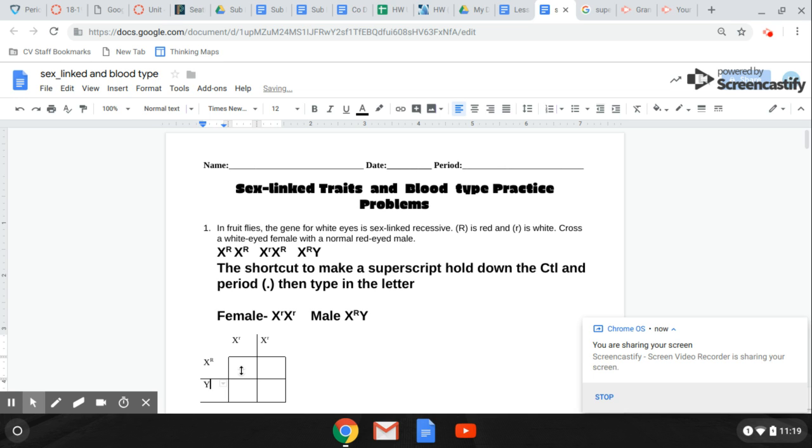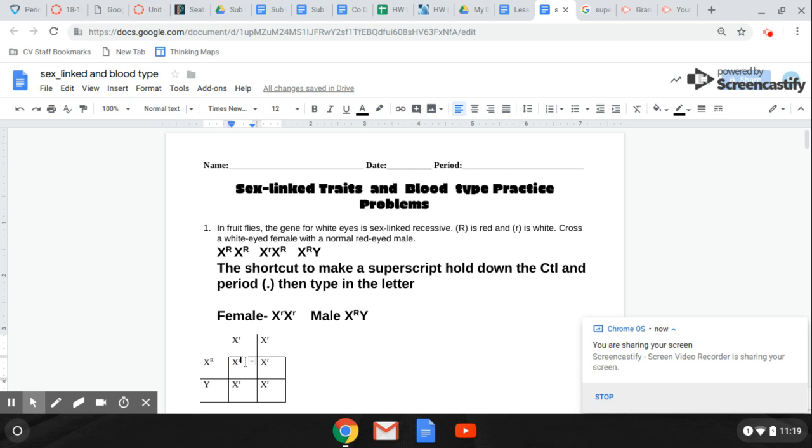And then I'm going to cross these two individuals. So I'm going to put this individual right here. Oops, that's not what I meant to do. Control V. And this individual right there. This individual right here. And this individual right there. Now I'm going to pass down this gene for my male.